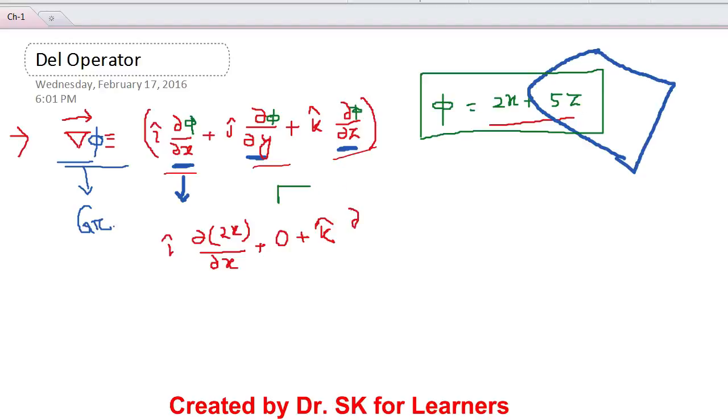So del 5z by del z. So this is what it will look like. Means when you do the partial differentiation, you know del x by del x is 1, so it will be 2 i cap plus 5 k cap. There is no component for j cap because there was no term called y.